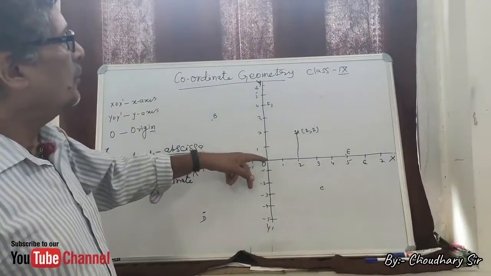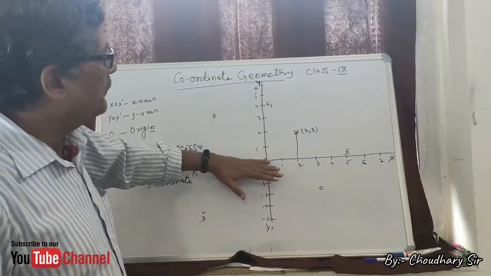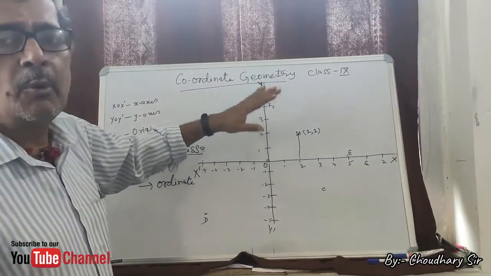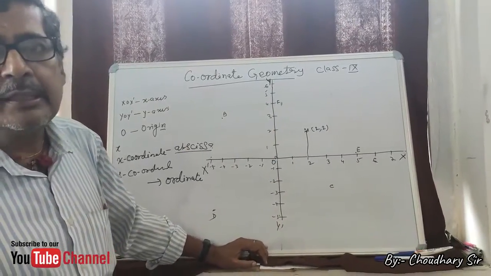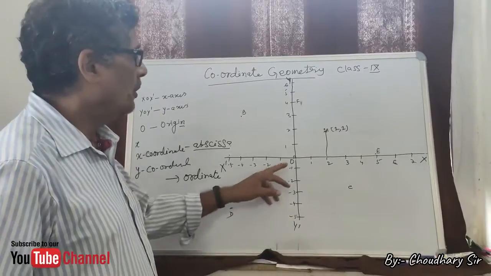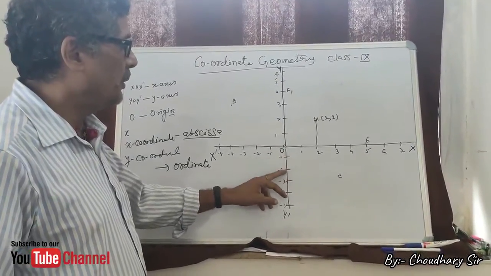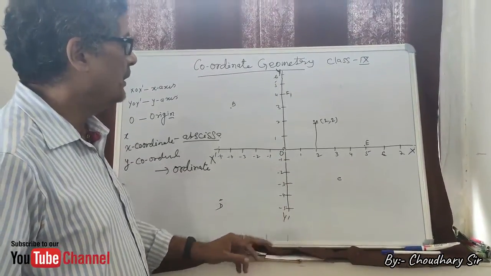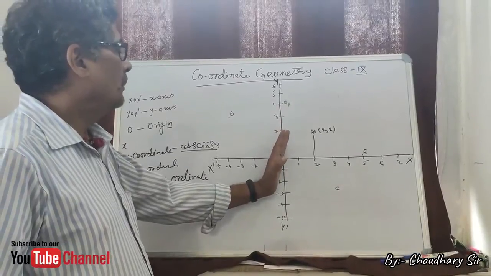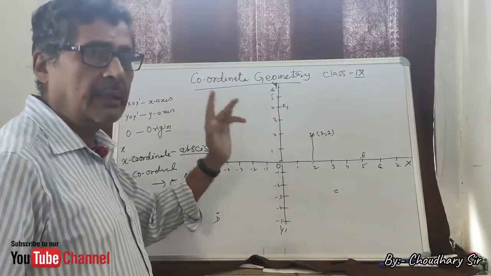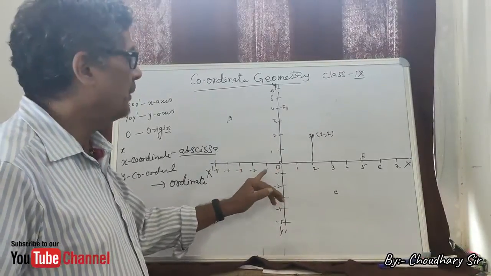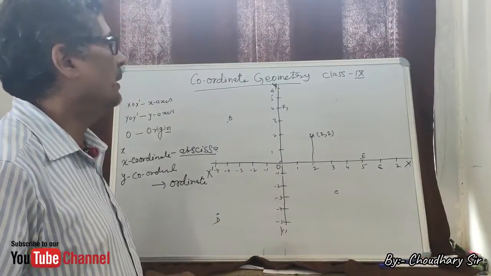Similarly, along the y-axis, above the origin distance is measured positive, and below the origin is negative. So negative 1 unit, negative 2, negative 3, negative 4. Similarly, left of the origin the x-coordinate is negative: minus 1, minus 2, minus 3.